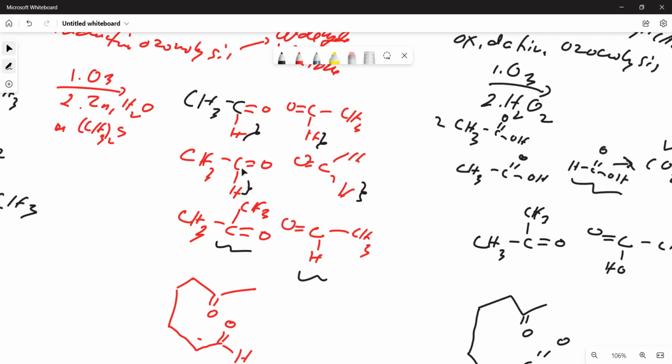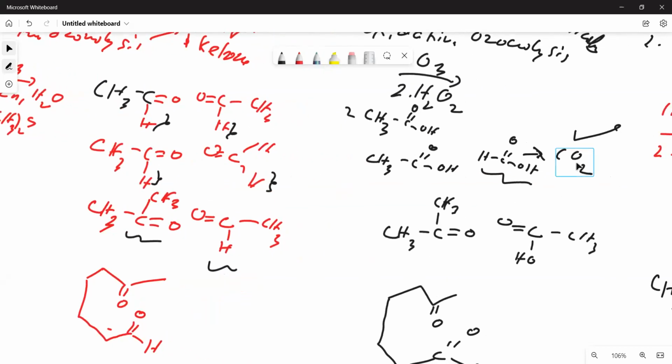Okay. How about the product in reductive ozonolysis? No? If you do oxidative, again, this is aldehyde. So this will become carboxylic acid in oxidative. Okay. This one will become carboxylic acid. Now, since this is terminal, meaning at the end, ultimately it will become carbon dioxide.